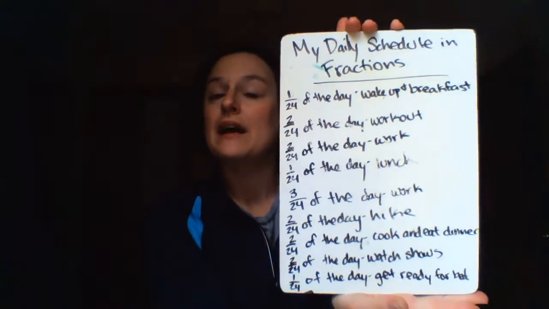And I had an example where I wrote that I spent 1/24th of the day having breakfast, 2/24ths working out, 2/24ths working, then 1/24th eating lunch, then 3/24ths working some more, then 2/24ths hiking, then 2/24ths cooking and eating dinner, then 2/24ths watching some shows, and then 1/24th reading and getting ready for bed. So that was my schedule, and we each made them.